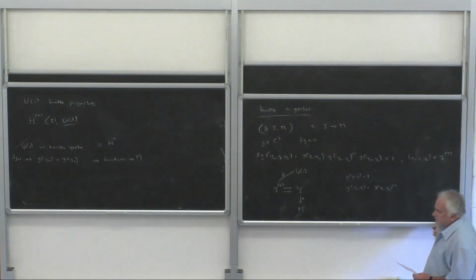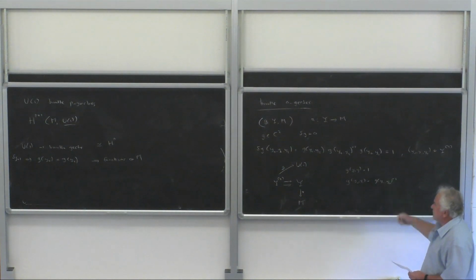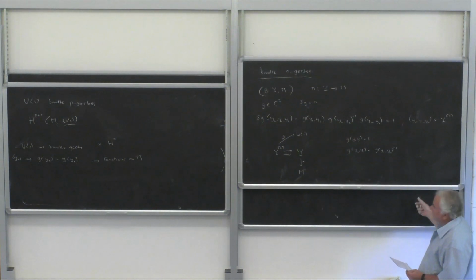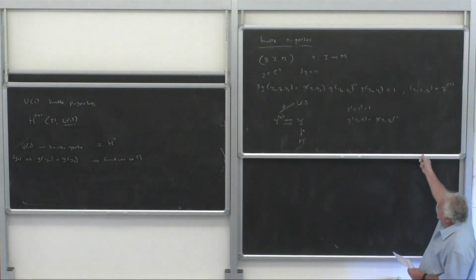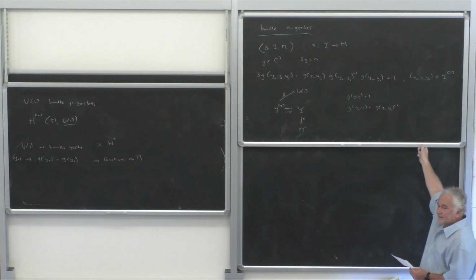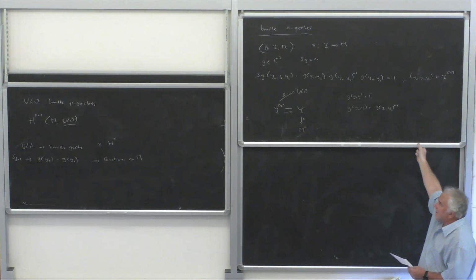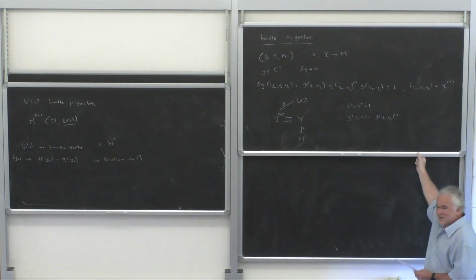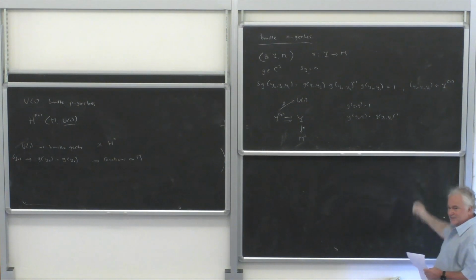Normally you would take such a relation as a normalization of your cochains, but in this case it follows from the cocycle condition. It will be related to the cocycle description of a principal bundle, which is what I'm going to show you now.